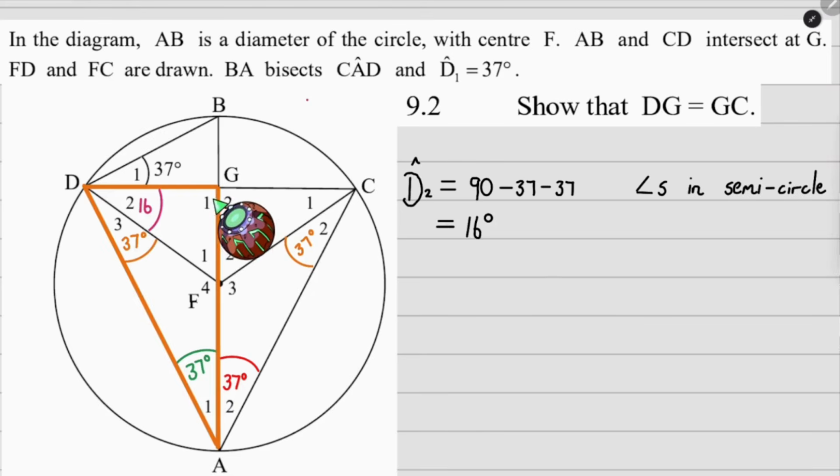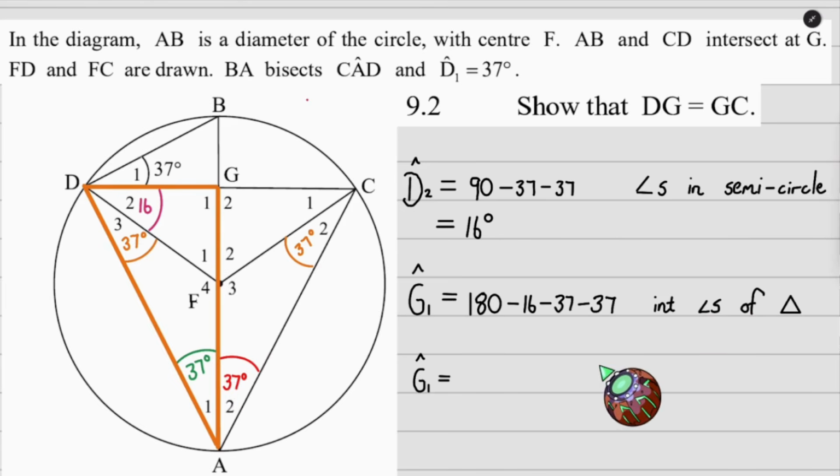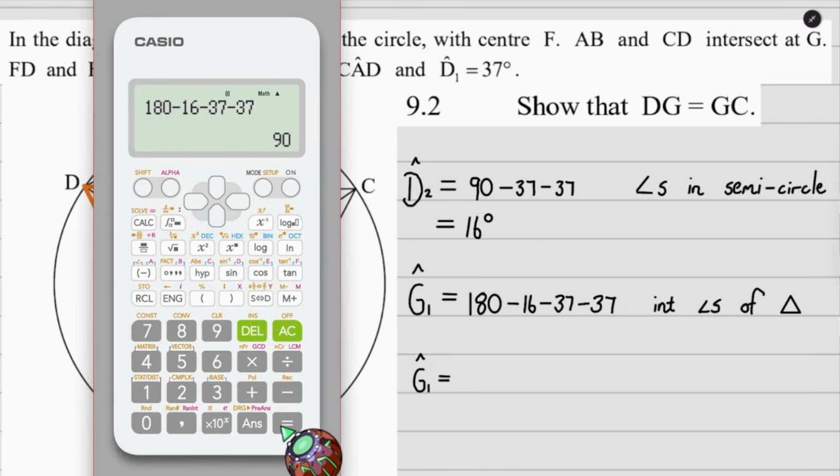And now we're going to come back to this orange triangle to get the size of G1, simply using interior angles of a triangle. All of them need to add up to 180, so it stands to reason that G1 will be 90 minus this big angle minus this 37. Okay, and I know exactly what this is going to give me. It should give me 90 degrees, but double check just for comfort's sake. And you see that it gives me the 90.